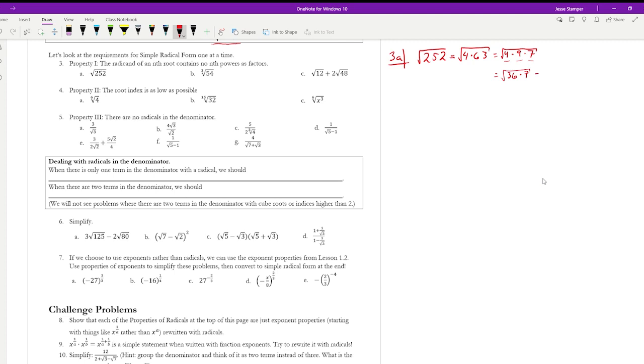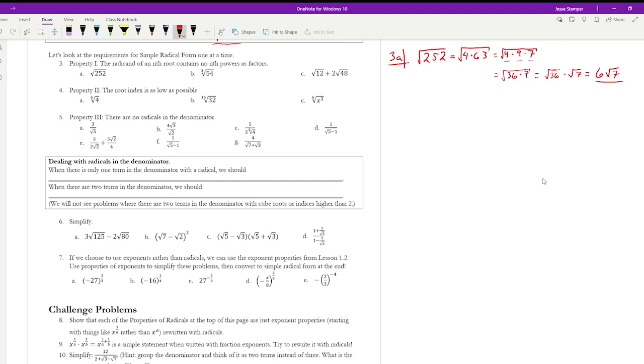All right? So what's the square root of 36? And then we have the square root of 7. Square root of 36, well, that's just 6 times the square root of 7. So the square root of 252 can be simplified down to 6 times the square root of 7 if we're careful about how we factor it.